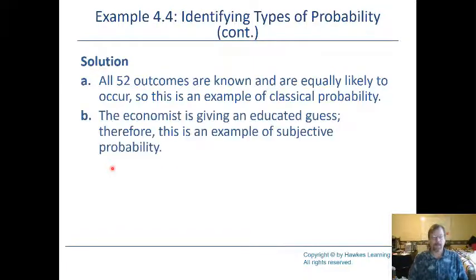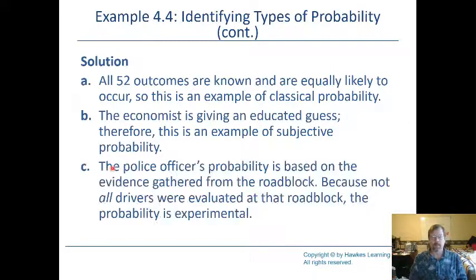Okay, so next one, the economist is giving an educated guess, based on current trends and what he thinks is going to be happening in the future. Tech stocks are going to likely drop. The last one, he is performing an experiment. He is not evaluating all drivers, because not all drivers would be stopped at that roadblock, not even all drivers in that area or at that time of day.